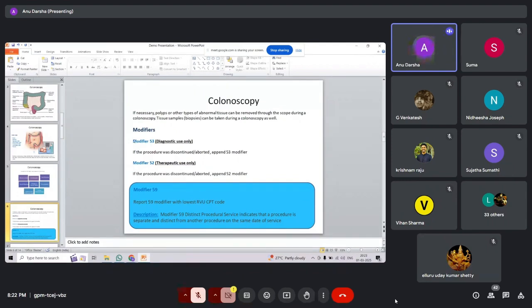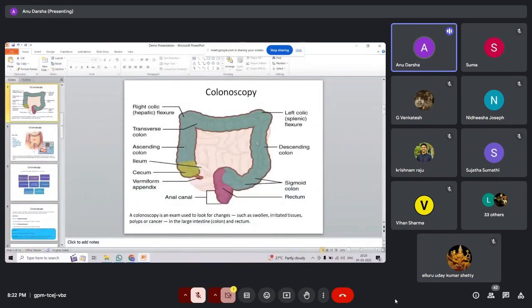And for that CPT, you have to use your 53 modifier. Okay, 53 modifier you have to use, discontinued procedure. And if they have taken some sampling like a polypectomy or biopsy, it means it is a therapeutic procedure, but it is not a complete colonoscopy, somewhere they are terminating in between.